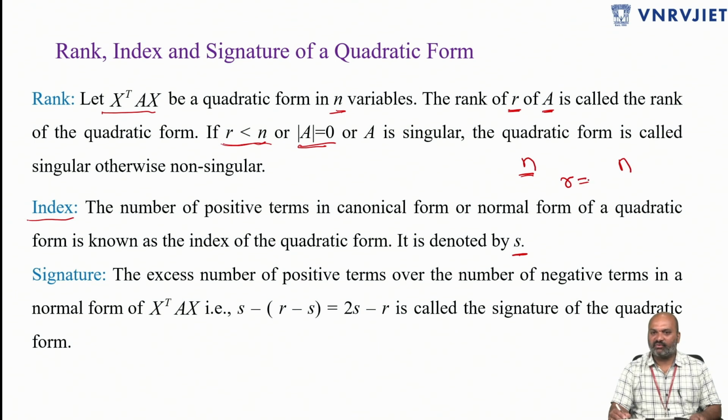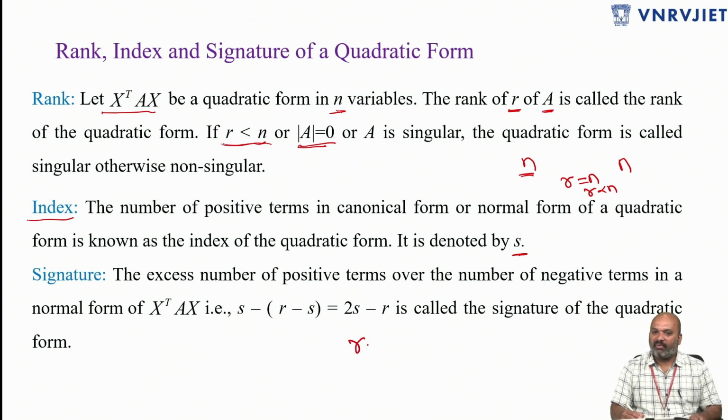If r equals n, the quadratic form is called non-singular. If r is less than n, it is called singular quadratic form. So the number of terms in the canonical form is generally called r, which may equal n or be less than n. So the total number of terms is r.